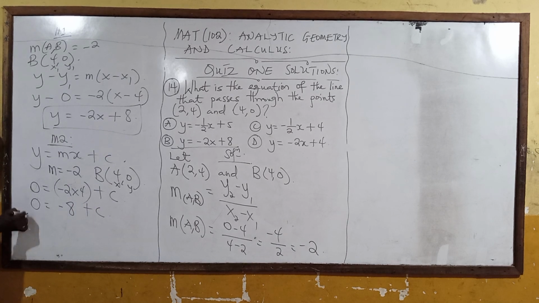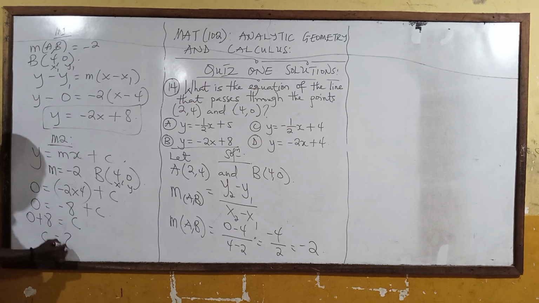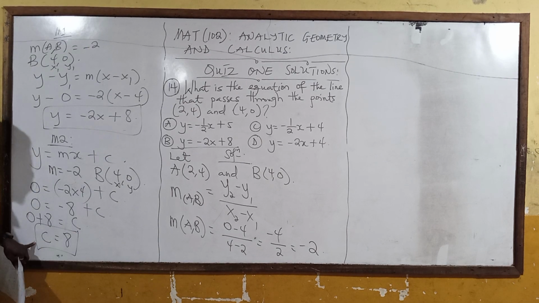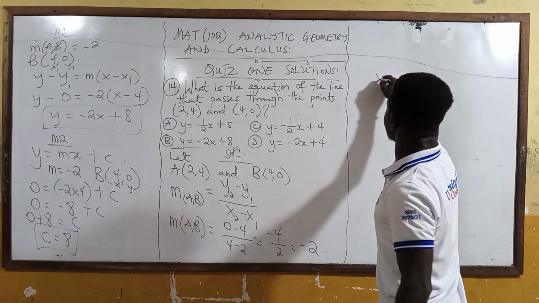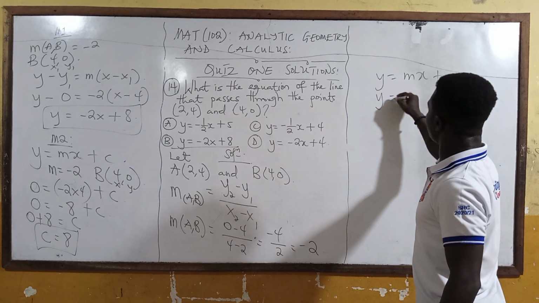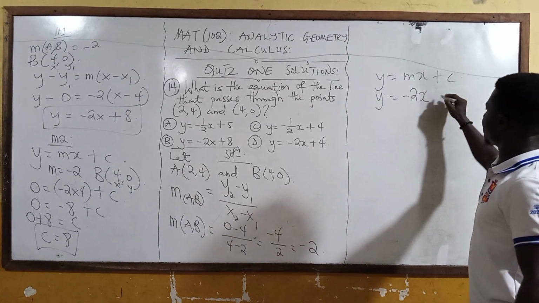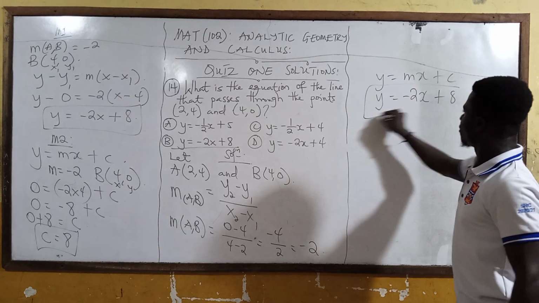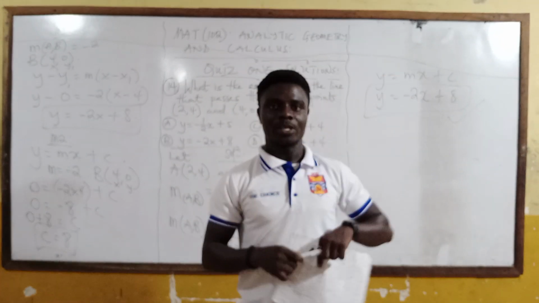I can do 0 plus 8 being equal to c minus c plus 8. That's the intercept on the y axis, which is 8. So now if I have 8, I can just substitute it inside my formula. So I have y equal to my m, -2x, then my c, plus 8. So this one is very, very easy and very trivial.